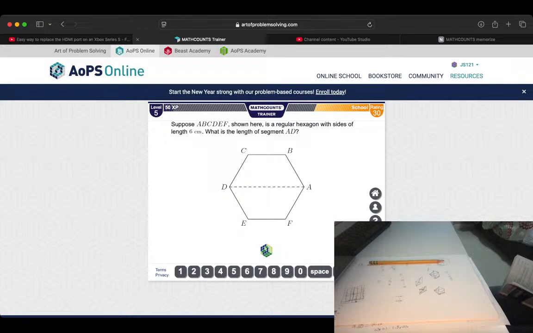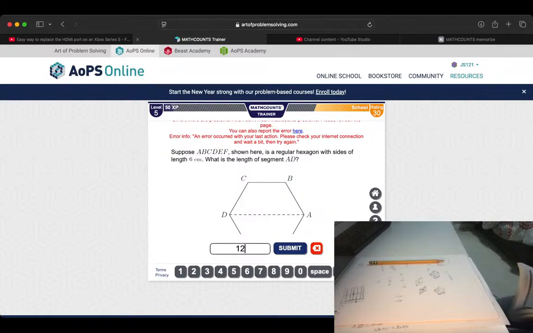We have the diameter, the hexagon. That part's easy.